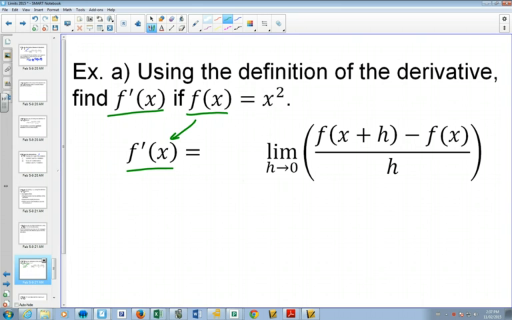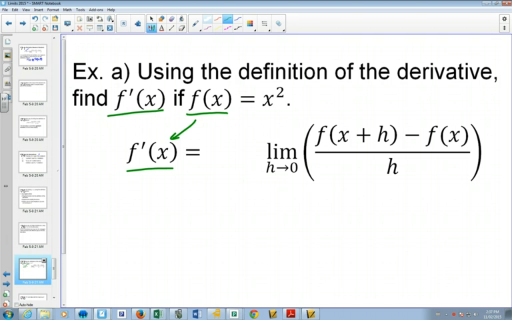But if the question asks for f prime of x that way, it's sort of proper to respond in that way. Just like if someone asks you a question in English, even though you might speak Portuguese, you'll probably answer them in English, because that would be the proper way. Even though your answer may be correct in Portuguese, you would probably answer them in English.